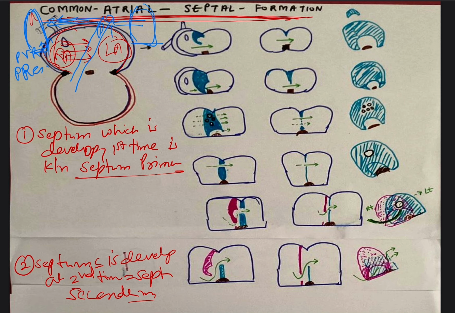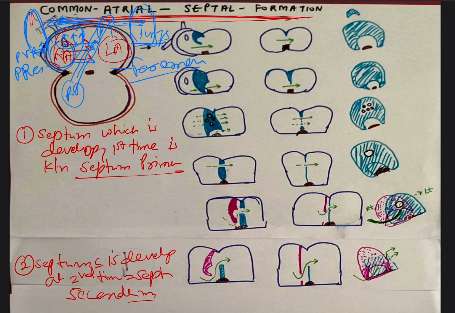So very few amount is going toward lungs from this right ventricle. So right ventricular and right atrial pressure rise. Because of this increased right atrial and right ventricular pressure, as blood is not moving into lungs, this blood of the right atrium has to shift into the left atrium via some way in the fetal life.